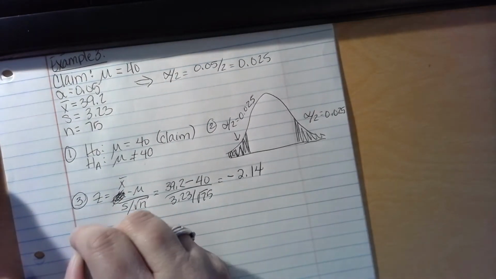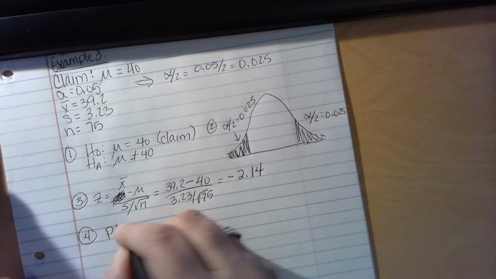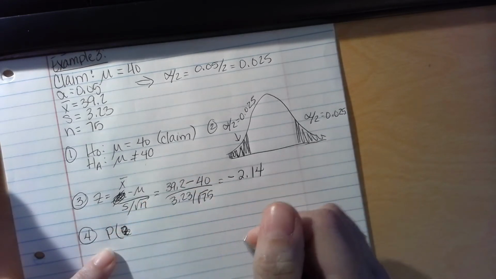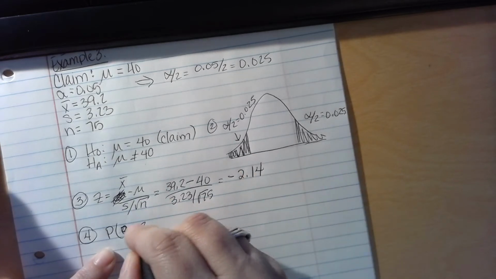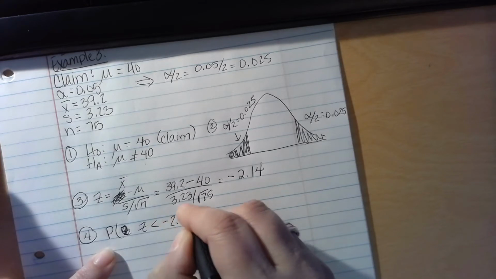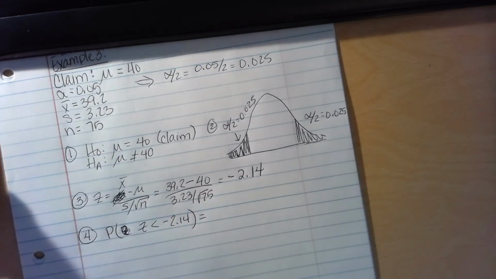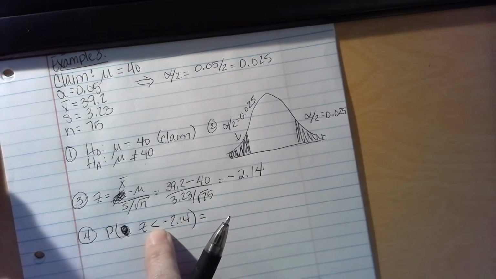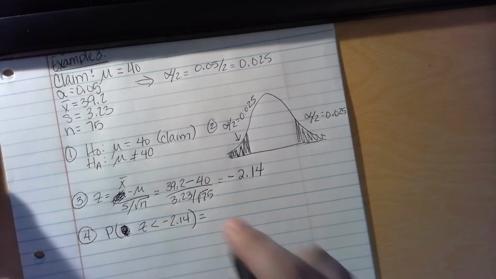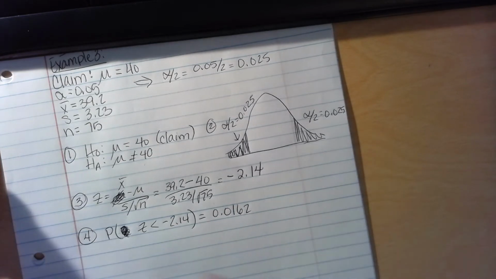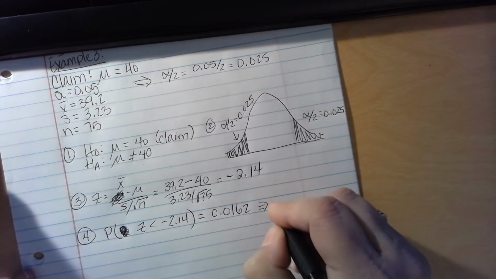So the probability of Z less than negative 2.14, because when you look it up on the chart, remember it's always left-tailed, so it has to be to the left, is 0.0162. So that is your p-value.